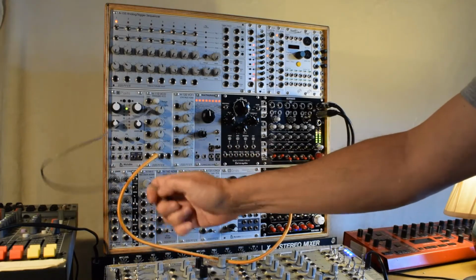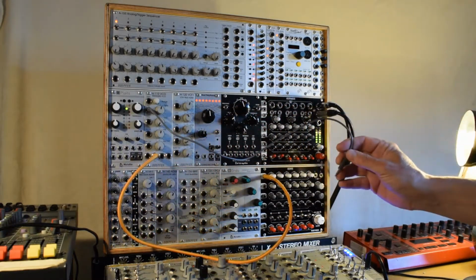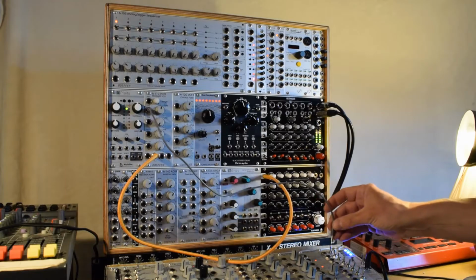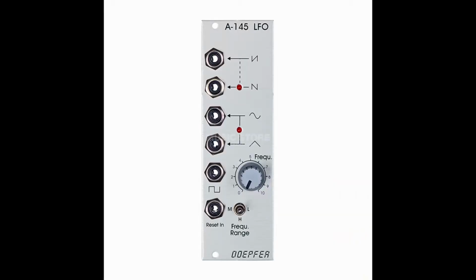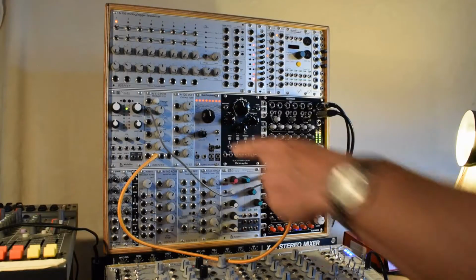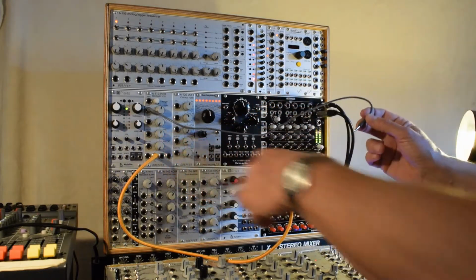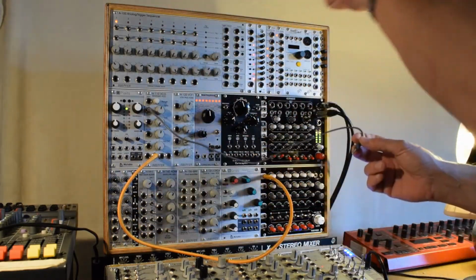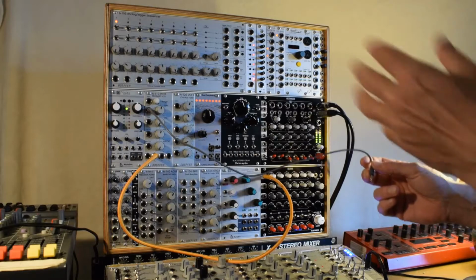So I'll use one of my low frequency oscillators here. Let's use this one over here. Like I say, the low frequency oscillators, as I explained before, are very similar to these oscillators, except that the waveform it produces is much slower.